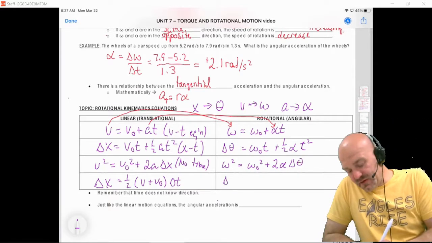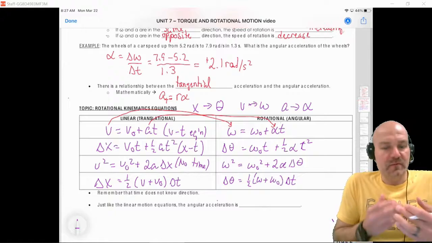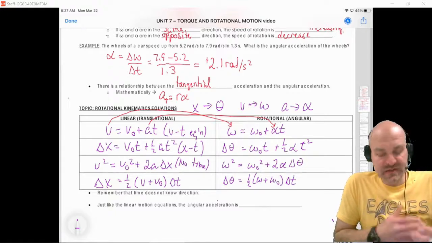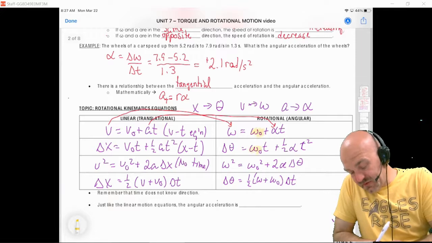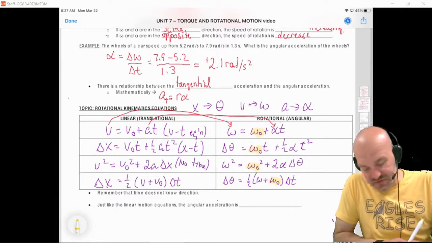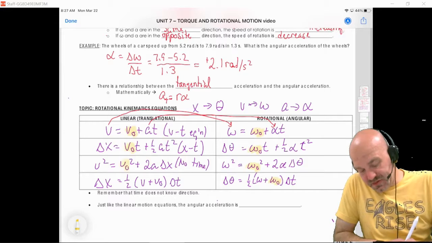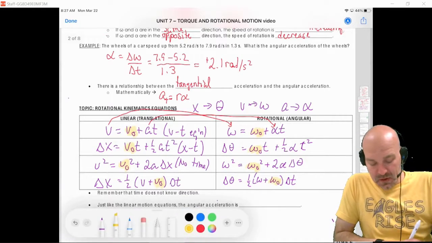And then finally, our last equation: delta theta equals 1/2 times (omega plus omega 0) delta t. Again, 4 of the 5 variables are present. And the one variable that is in all of them is our initial angular velocity. You can see in the linear equations, the one that is in all the equations is initial velocity.